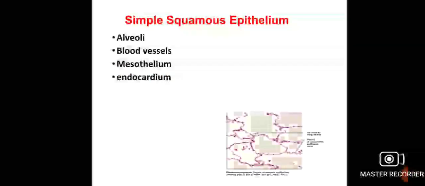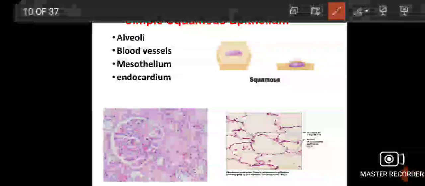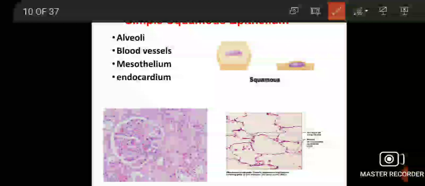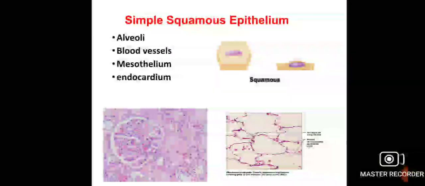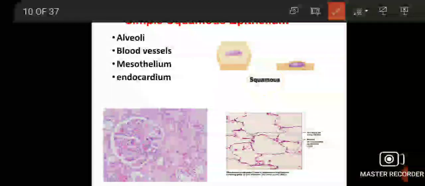Now, what do you mean by simple squamous epithelium? As I have already told you, simple squamous epithelium means a single layer of squamous cells. Here you can see these are the squamous cells. In their surface view, you can see they are flattened and irregular cells.